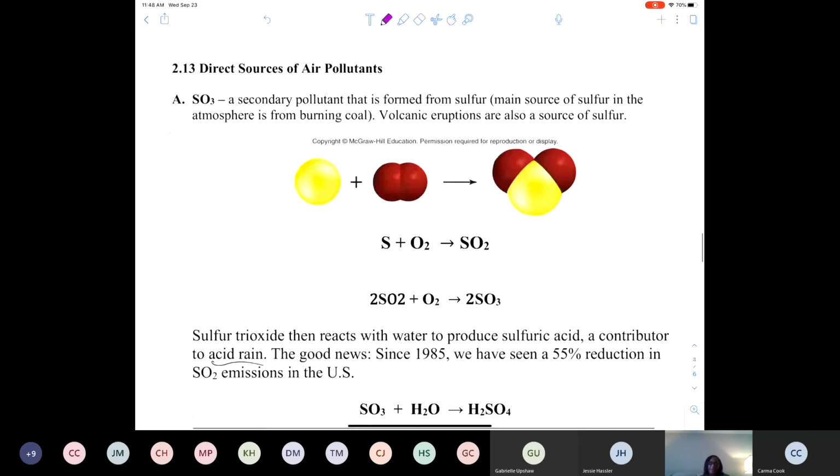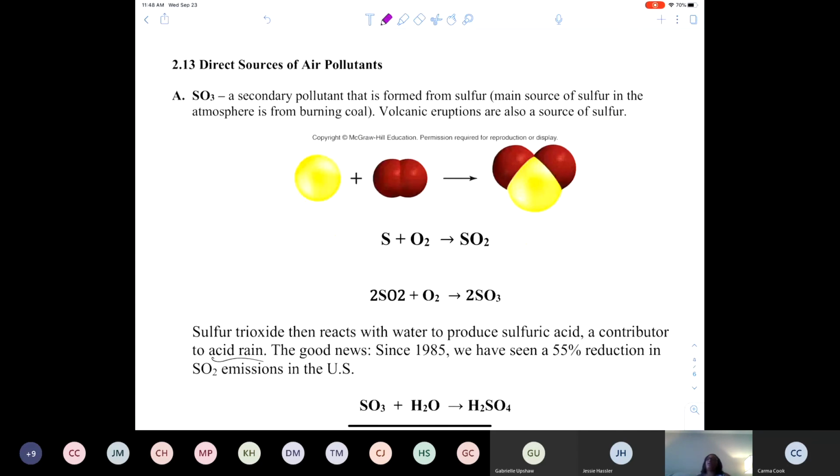We said that carbon monoxide is an air pollutant, and we talked about how it can be caused by an inefficiently performing automobile engine. And there are also some direct sources of air pollutants, like sulfur trioxide, SO3. It's called a secondary air pollutant because it's formed from another air pollutant, SO2, sulfur dioxide.